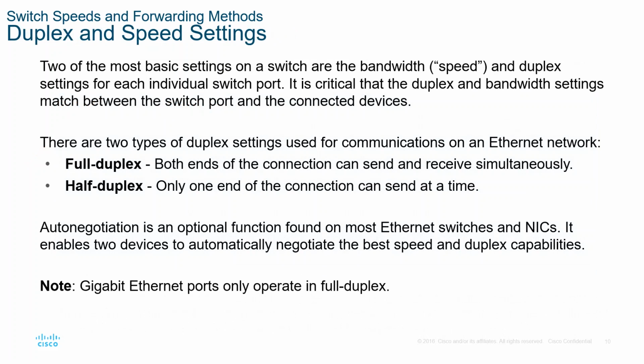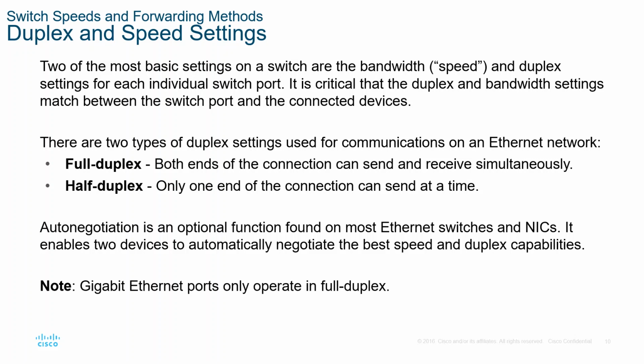Now, when we talk about switch speeds, I would like to talk about the duplex and speed settings. Two of the most basic settings on a switch are the bandwidth or speed and the duplex setting for each individual switch port.